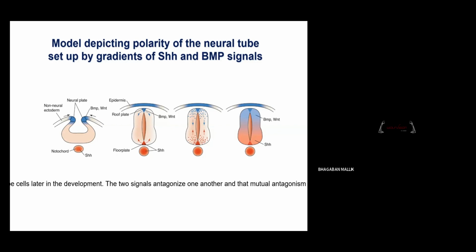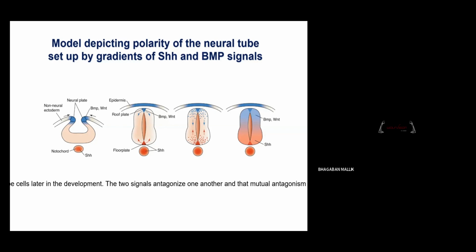Now after that you have the dorsal initiation of another signal, which is released from the roof plate, the BMP signal, which defines the Wnt signal, the dorsal signals. And that forms a gradient.